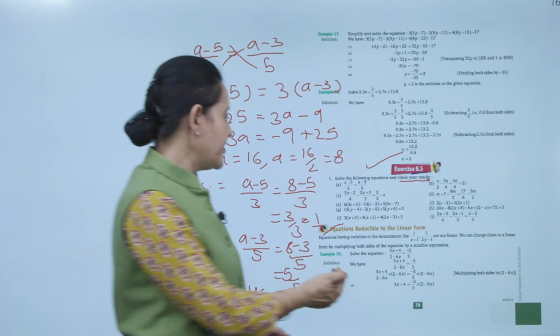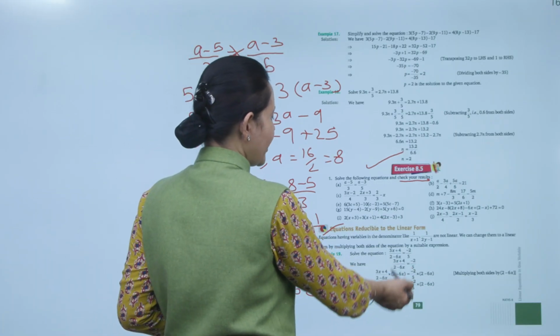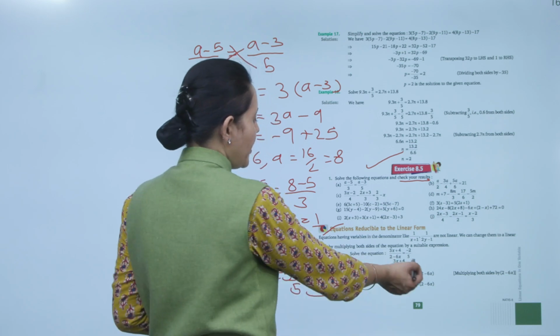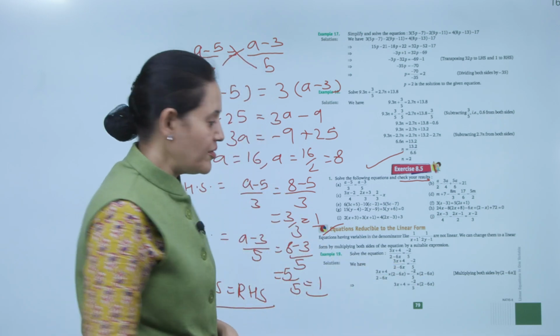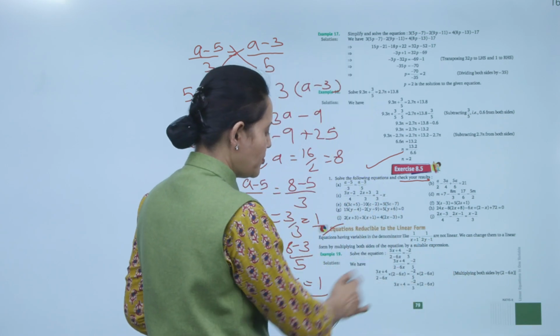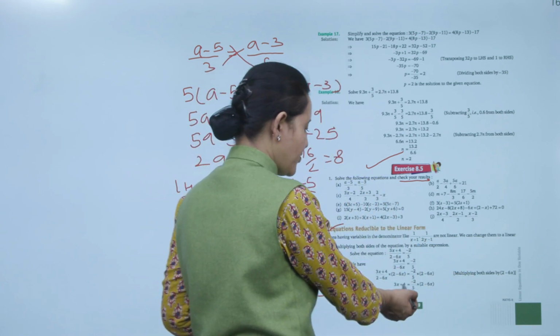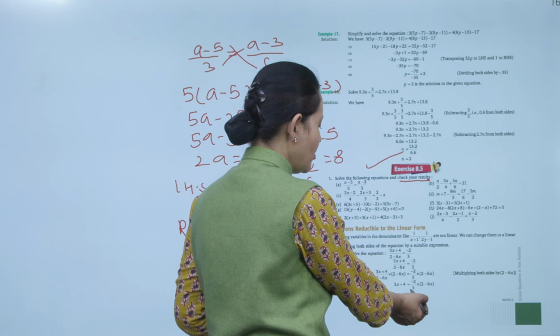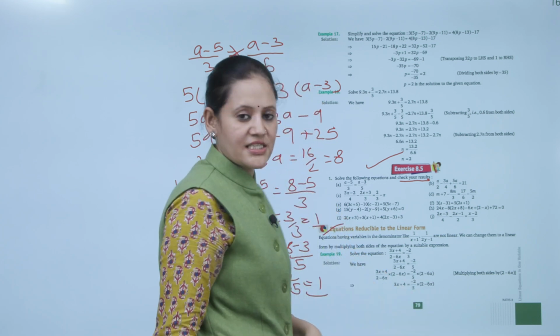So solution, we have (3x plus 4) upon (2 minus 6x) equals minus 2 upon 5. So here we are multiplying both sides with (2 minus 6x). दोनों side को multiply करेंगे, so we'll get 3x plus 4 equals minus 2 upon 5 into (2 minus 6x).